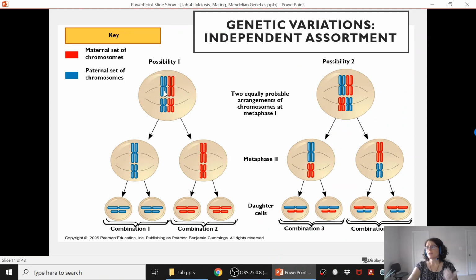And there's something else called independent assortment. We're going to work through independent assortment as it is, but remember, every time you line up in meiosis 1, they're lining up in pairs. But imagine each one of these lines as a coin flip. You can have mom one side and dad the other, and they can be lined up all the way down like this for 2 combinations.